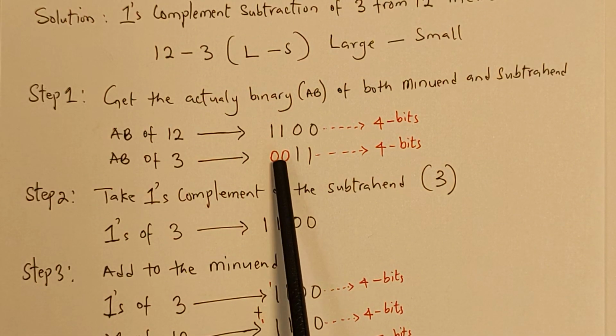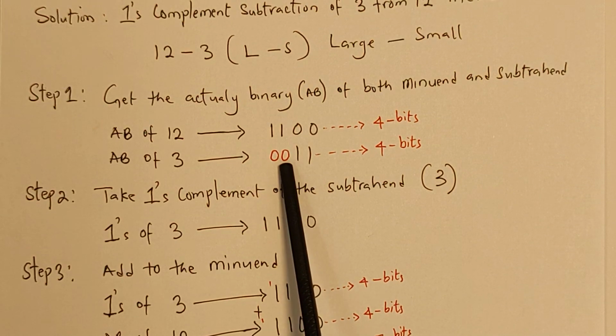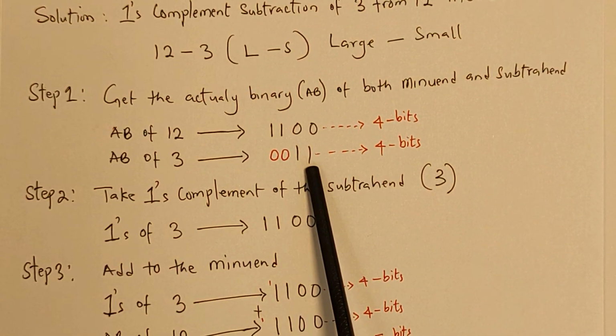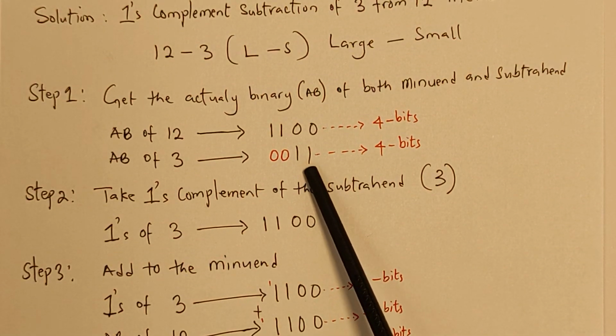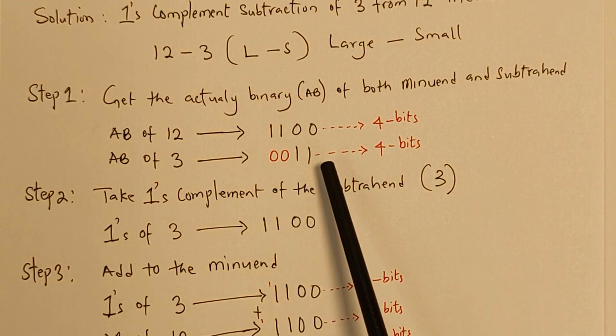That is why we padded with 2 zeros on the left. Once we do this padding, it doesn't change the original value of 3. It's not significant. It's just to pad it so that we can have 4 bits.